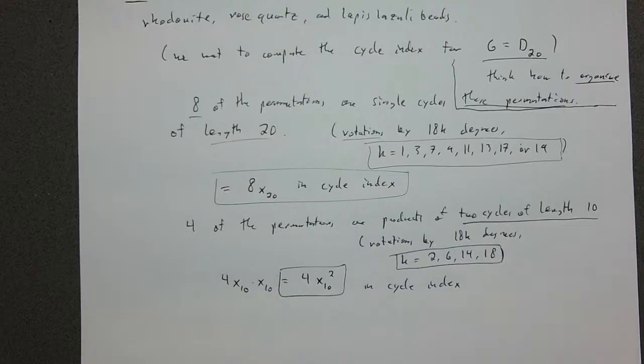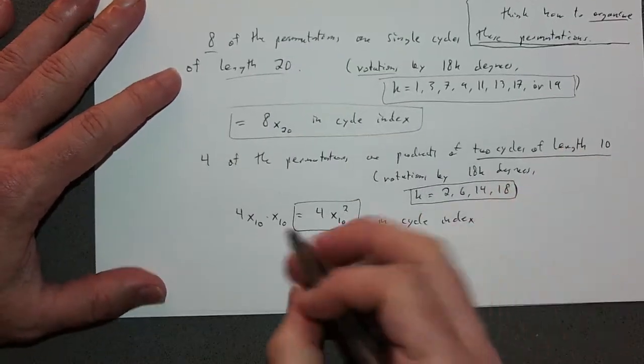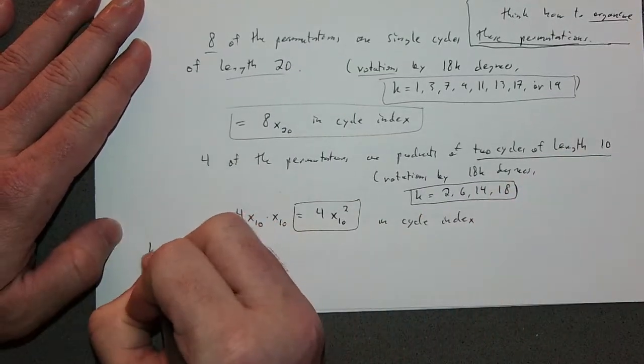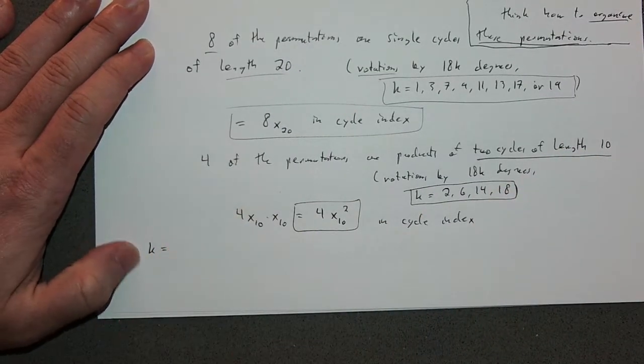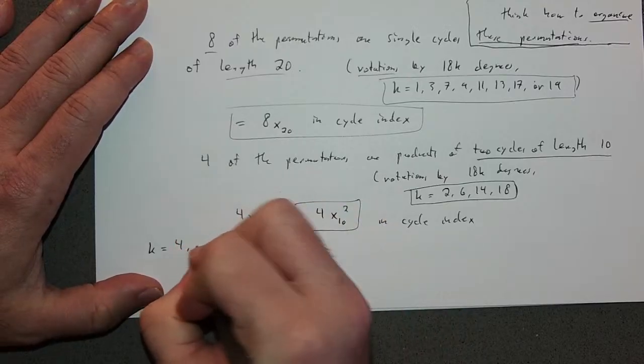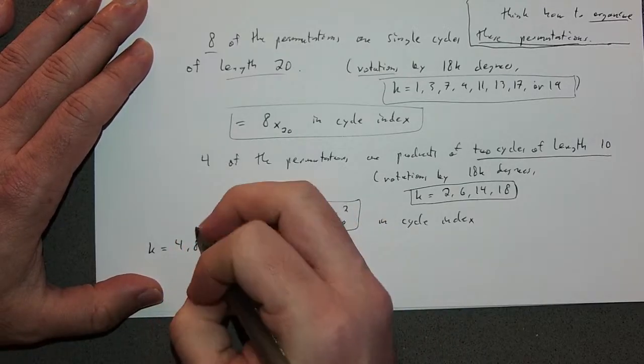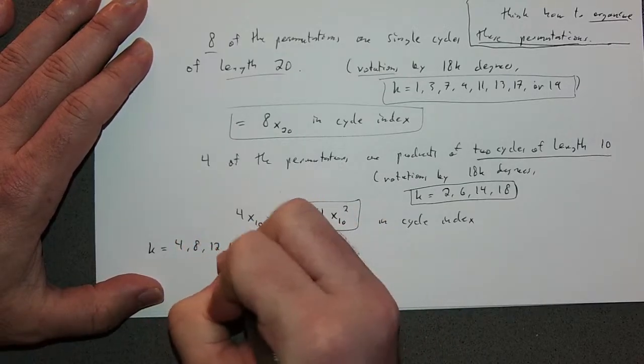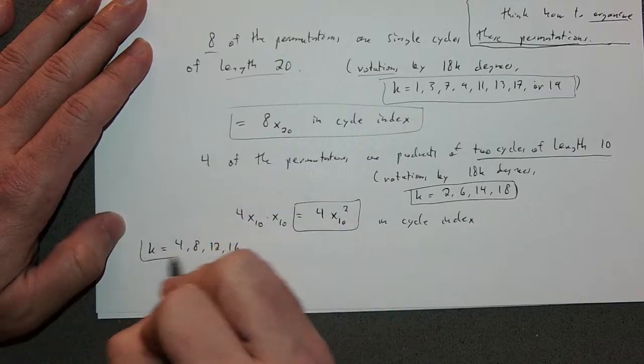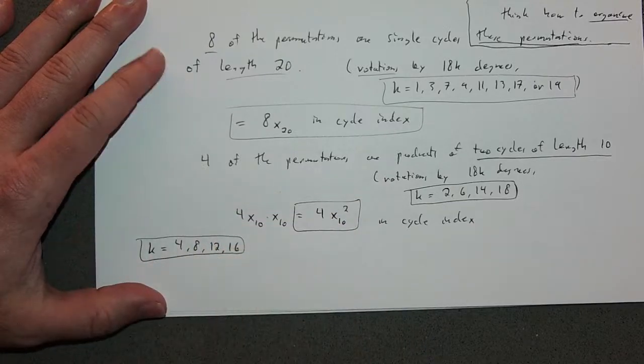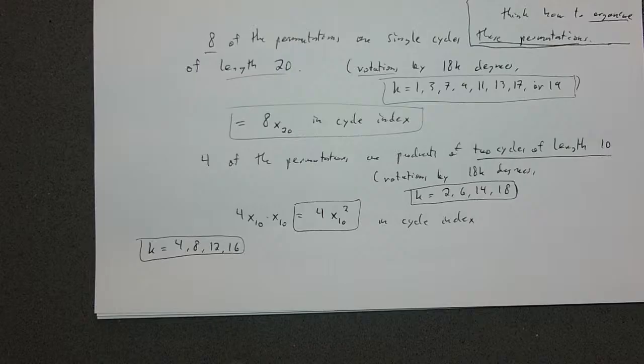So what if I have k equal to 4, 8, 12, or 16? How many rotations is that? Well, 4. These are 4 distinct rotations, and I haven't covered those yet.